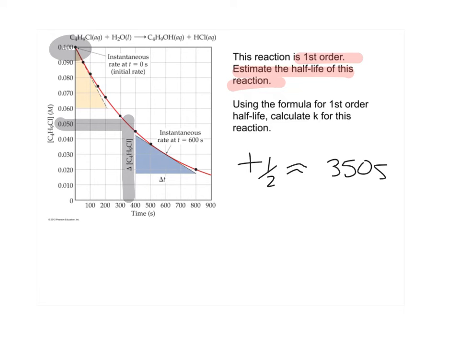Now that you know the time, you can calculate K for this reaction.